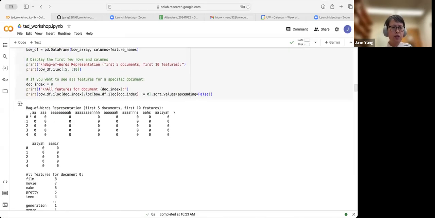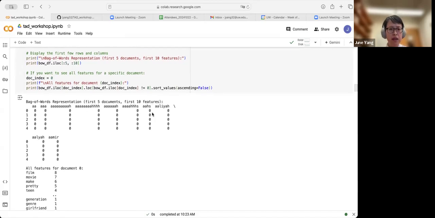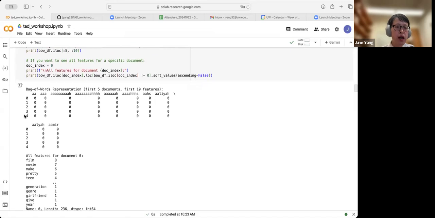You can notice that these are the features contained in the matrix, the first 10 features, our first 10 variables, and I'm also showing the first 5 rows in this data frame.